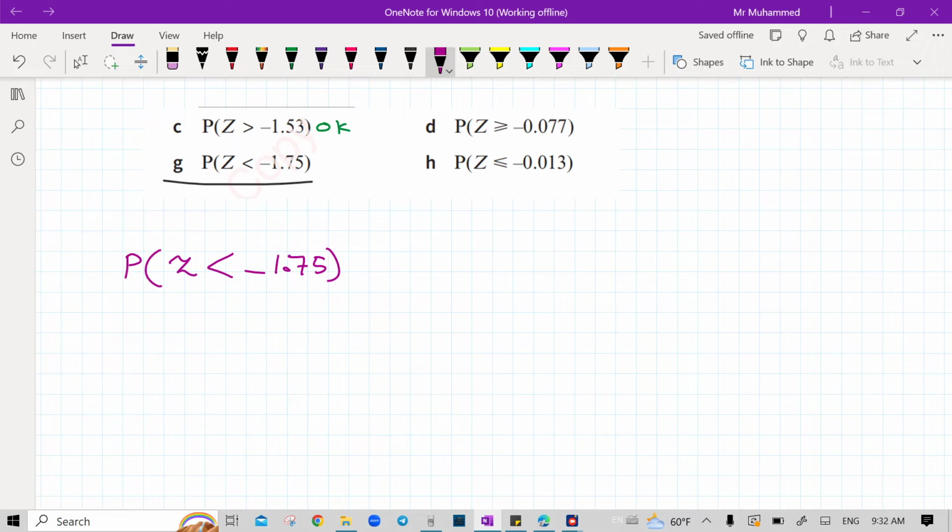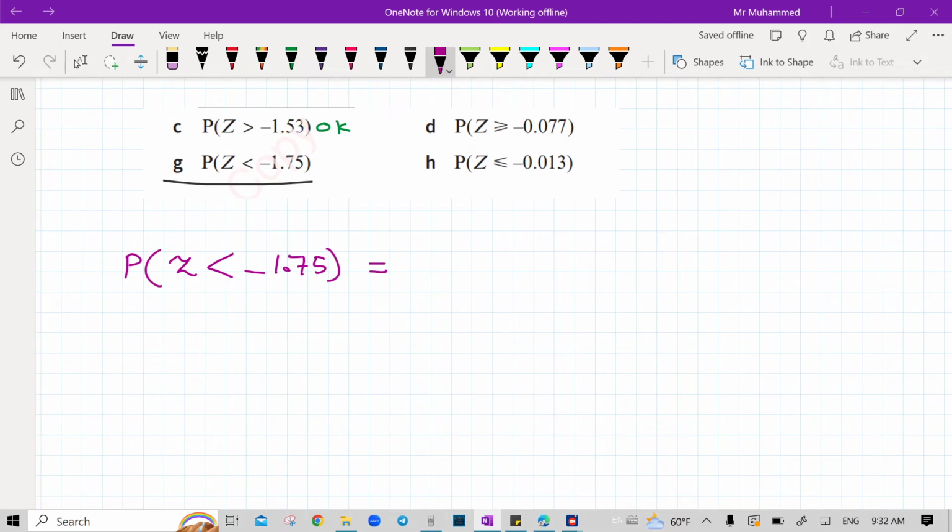Look, Z is less than a negative number. This is not okay for the table, because in the normal table we can find the value of Z when it's less than a positive number or when it's more than a negative number. But here we cannot do this. What we do, we reverse.